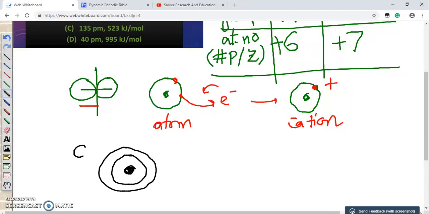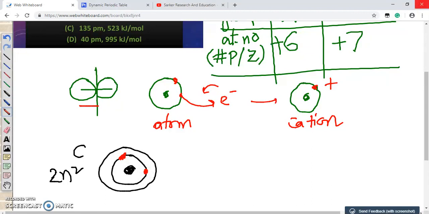So the total number of electrons is 6. Now how will I know how many electrons go to each energy level? For that we have this common formula called 2n square, where n is the energy level.